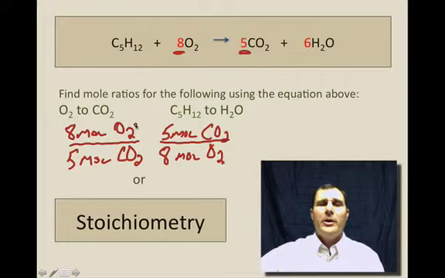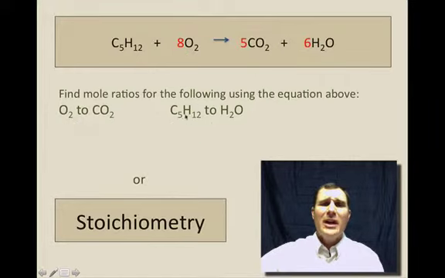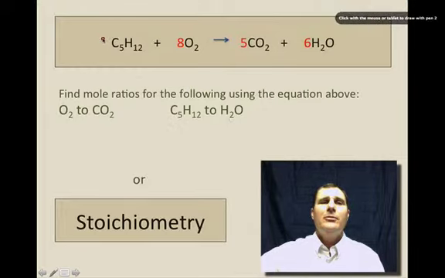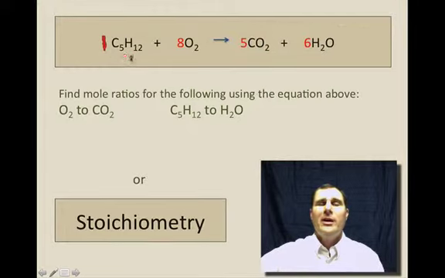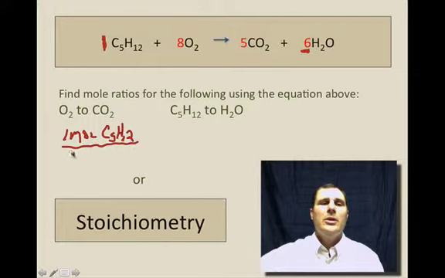Let's look at one more mole ratio. Let's look at pentane to water. Okay, well, if there is no coefficient there, we have to assume that the coefficient is 1. Okay, I've got 1 mole of pentane, and then I've also got 6 moles of water. So let's go ahead and write a couple of them. 1 mole of pentane is going to be equal to 6 moles of water.